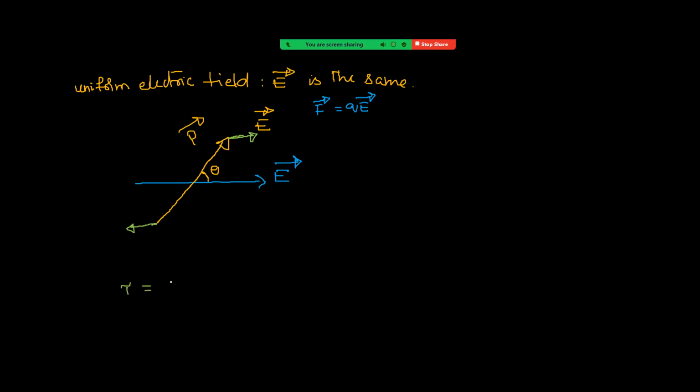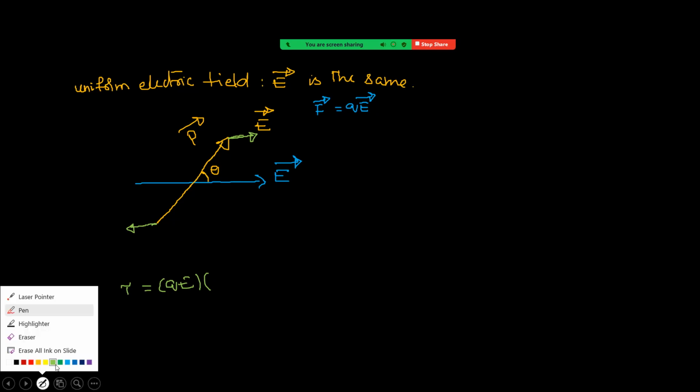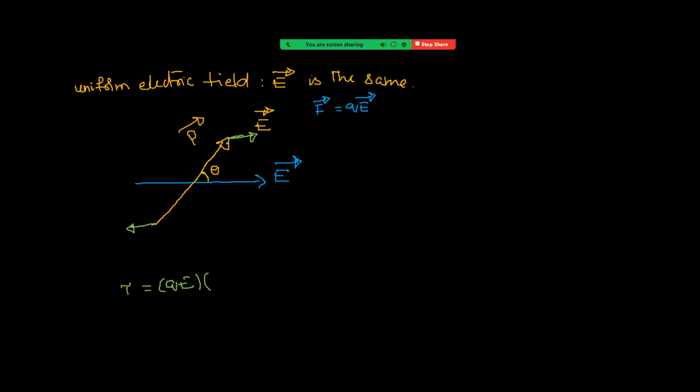Torque equal to force, which is Q into E, multiplying with the perpendicular distance between them. What is it? The perpendicular distance between them. I will show here the distance. That is from that force, just drop a normal here.